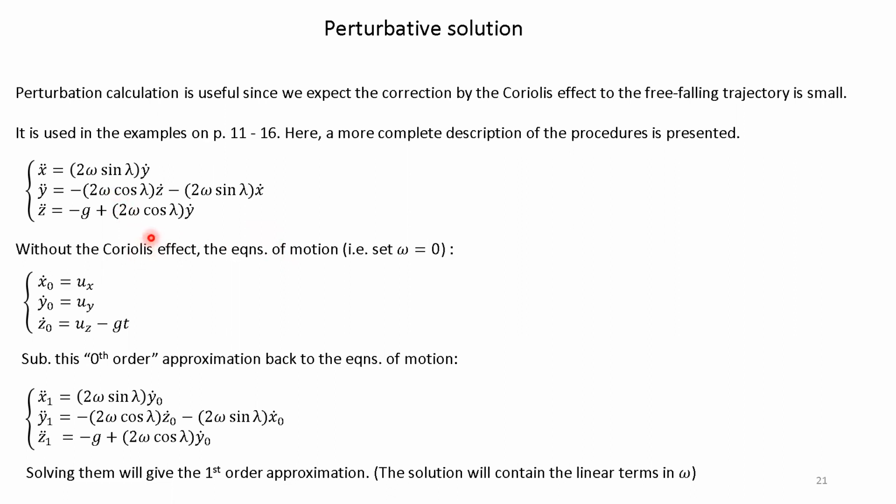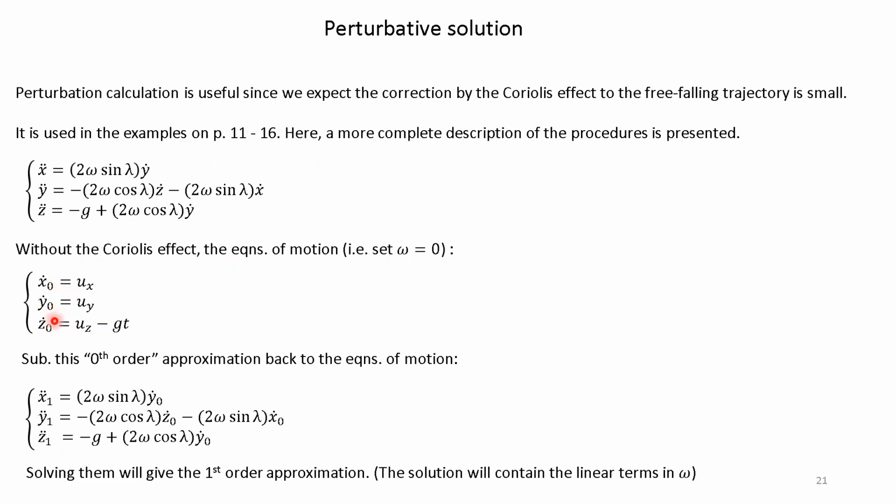We first pretend that there's no Coriolis effect, that is, we set omega equals 0. Then what you would find is that x naught dot is ux, y naught dot is uy, and z naught dot is uz minus gt. This subscript naught indicates that they are the so-called zero order solution.